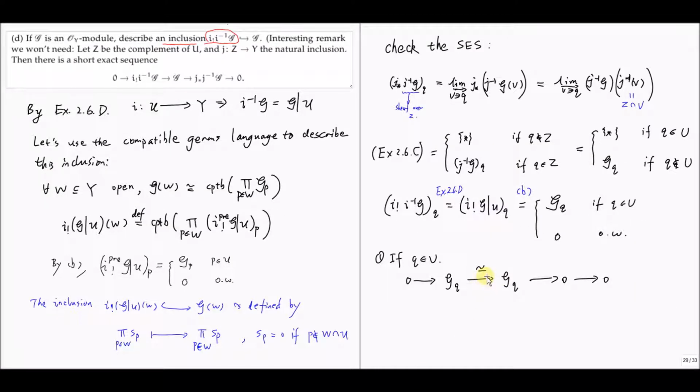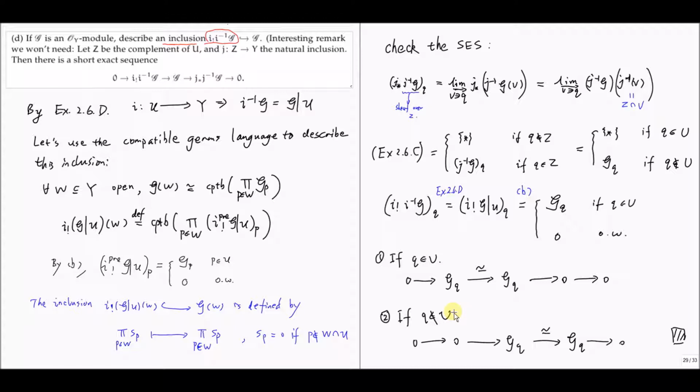This arrow is an isomorphism because of the proof of the first part of this part D. So when P is in U, there's an isomorphism between the stalk of this at that point and the stalk of this. So this is an isomorphism, so this is an exact sequence.